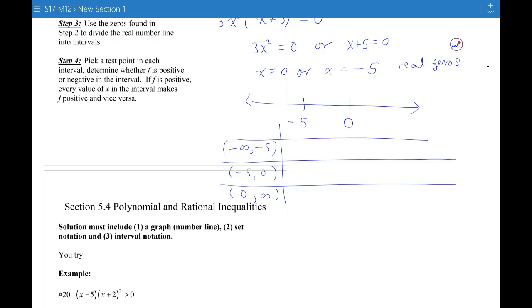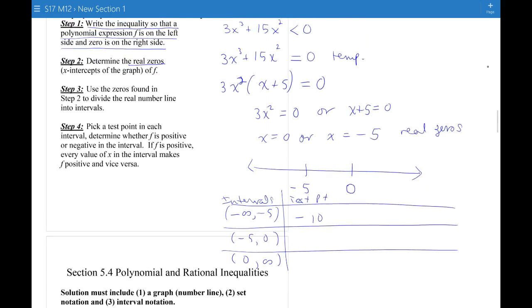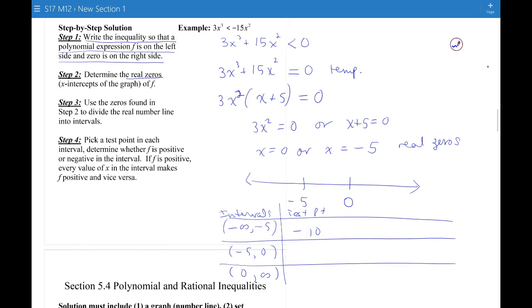So here are our intervals. We're going to pick a test point. Let's pick -10. And you can either go back to your original inequality or to this one where you rearranged. It doesn't matter. So let's go back to the original one. If I put 3 times -10 cubed, I want to know, is that less than -15 times -10 squared?